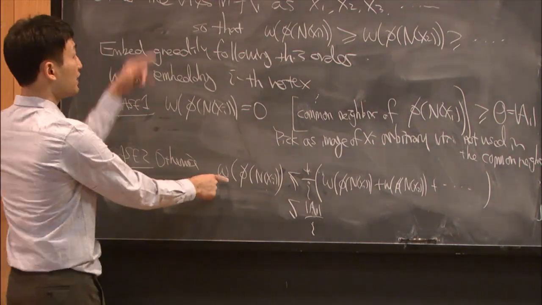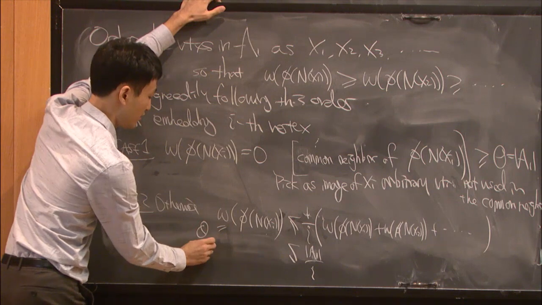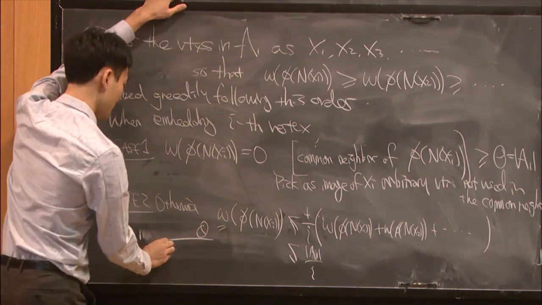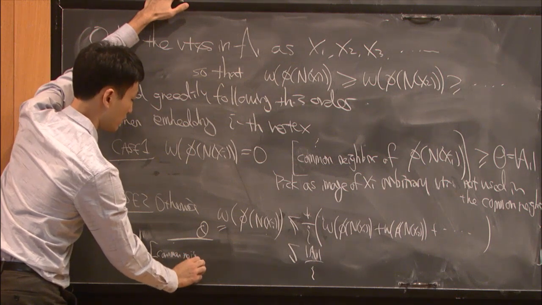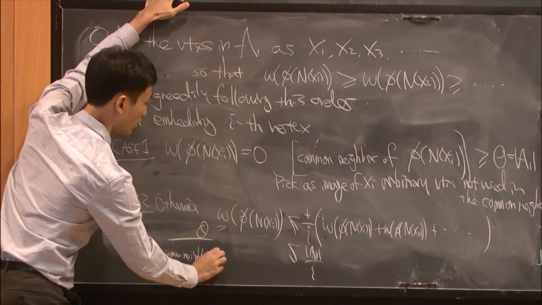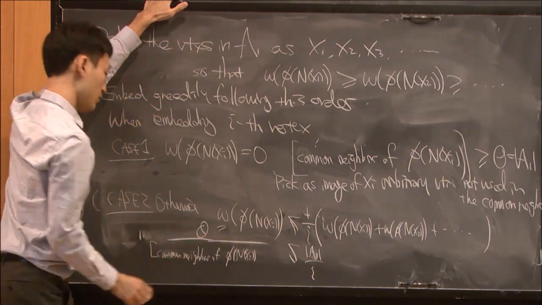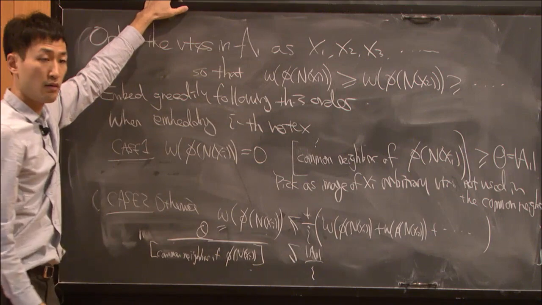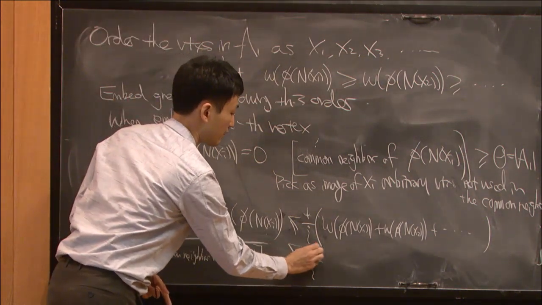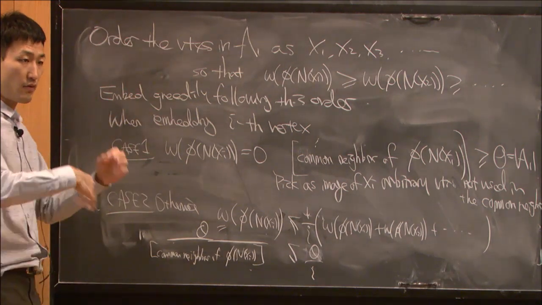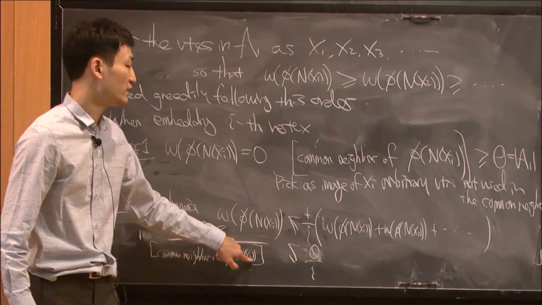On the other hand, the definition of defect, well, it's theta over the number of common neighbors. Notation is pretty bad. So I'll again write common neighbors of phi of N(xi). Theta was chosen to be equal to a1, so let me write this as theta. So if you reverse it, what you get is the number of common neighbors of where the neighbors of xi went to is at least i.